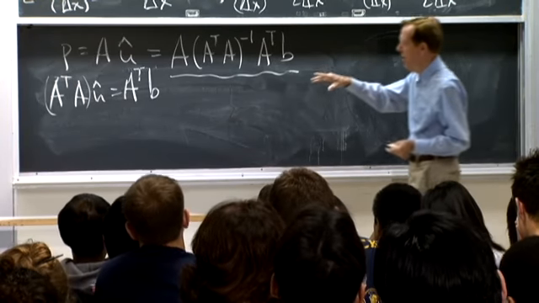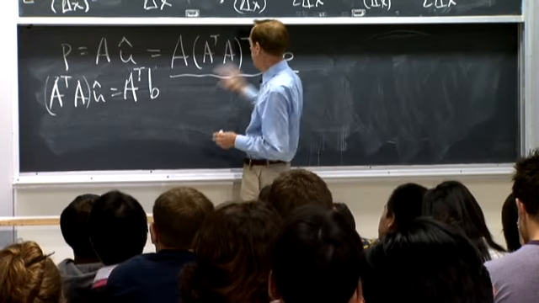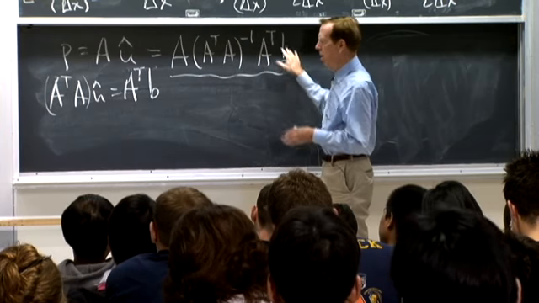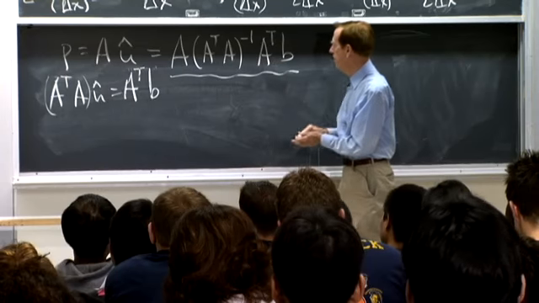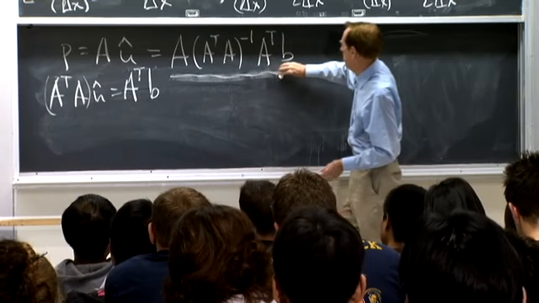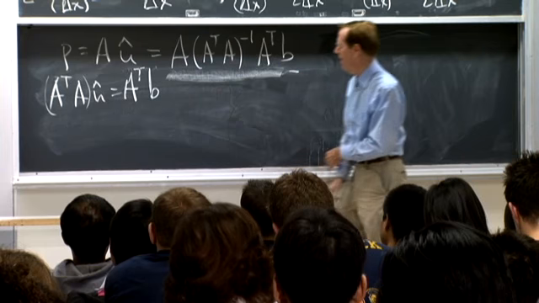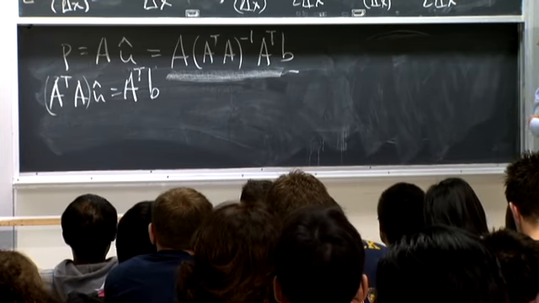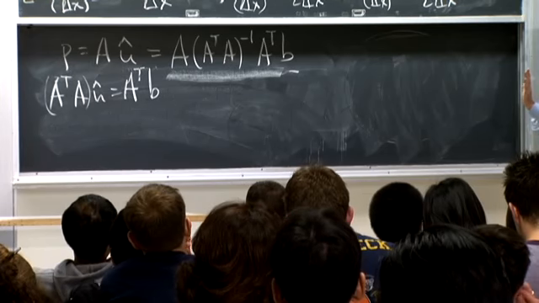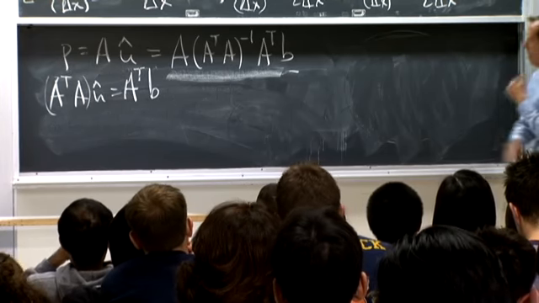The projection of a vector B onto the columns of A comes from applying this matrix. Sometimes I call it the matrix of 4 A's. Now, it's worth looking at that matrix.